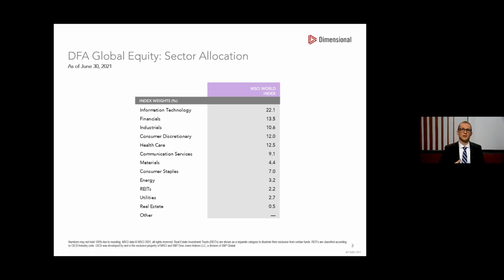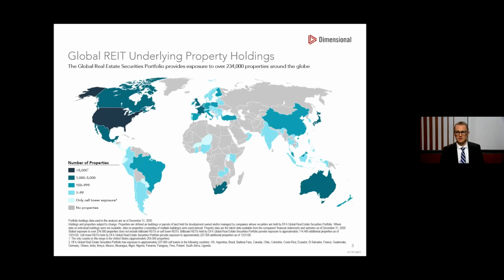So we're looking at this at a sector level, but let's drill in a little bit more and see, across countries and number of holdings, what are we actually looking at? I think this diagram is particularly helpful. We've got a graph of the entire world, and what we're looking at here is all of the properties that we own worldwide. These are not holdings that we have in the portfolio. The portfolio has around 500 securities that we hold, but each one of those REIT securities owns lots of properties, or has the potential to own lots of properties.